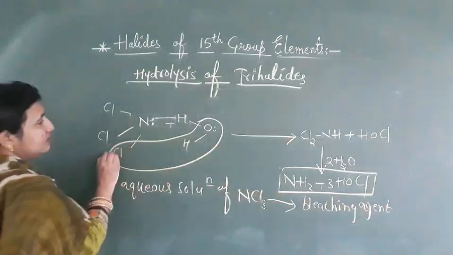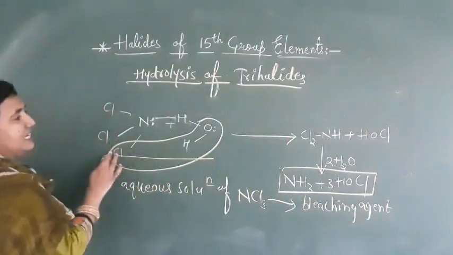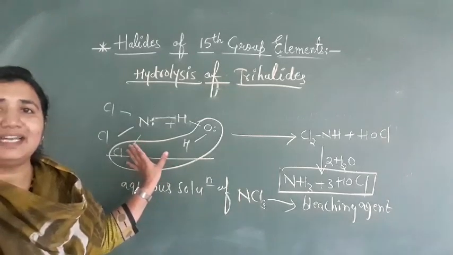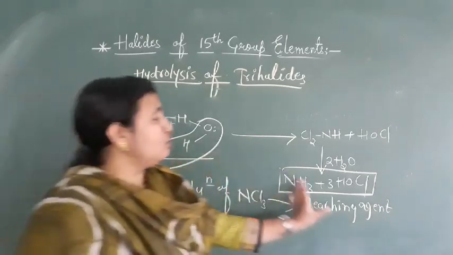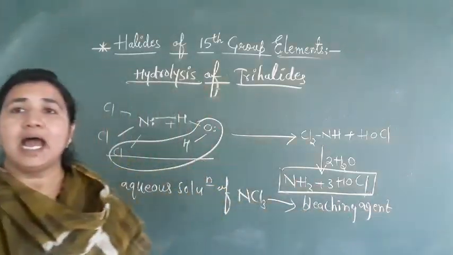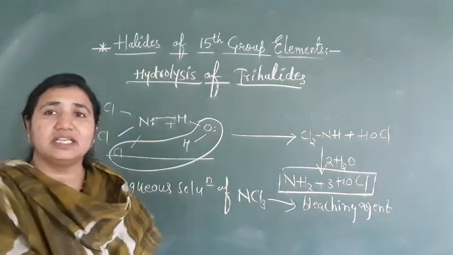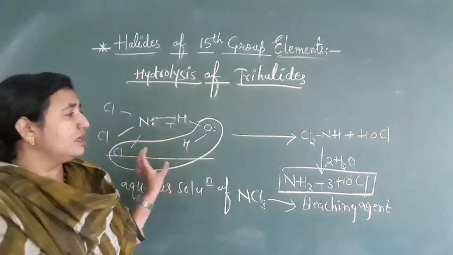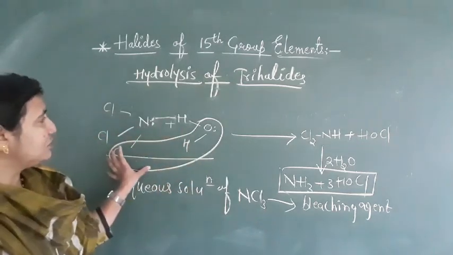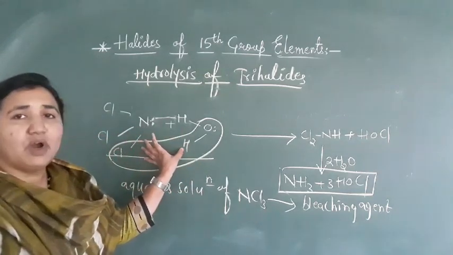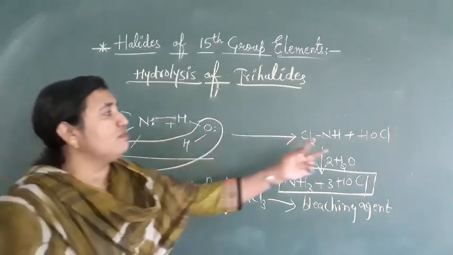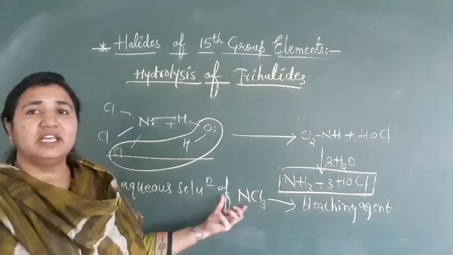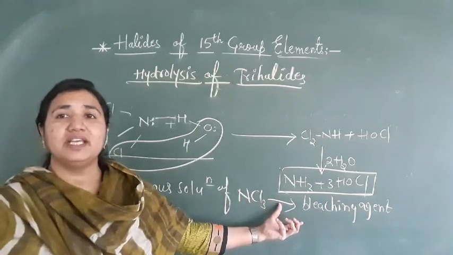So this H2O plus NCl3 is an aqueous solution, and this aqueous solution will act as a bleaching agent due to the formation of HOCl. Hypochlorous acid acts as a bleaching agent. When water and NCl3 combine, they give HOCl. That's why this aqueous solution of NCl3 acts as a bleaching agent.